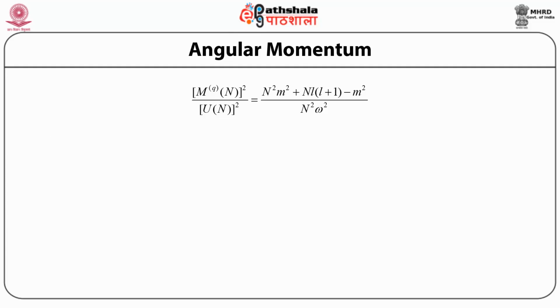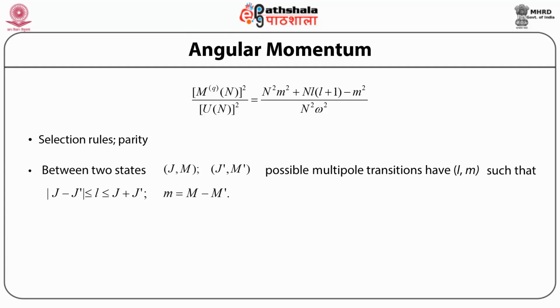Now let us see the selection rules and parity. Between two states J, M and J dash, M dash, possible multipole transitions have L, m such that mod of J minus J dash is less than or equal to L, which is less than or equal to J plus J dash, and m equals M minus M dash.